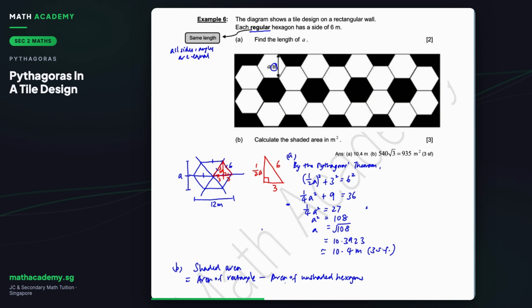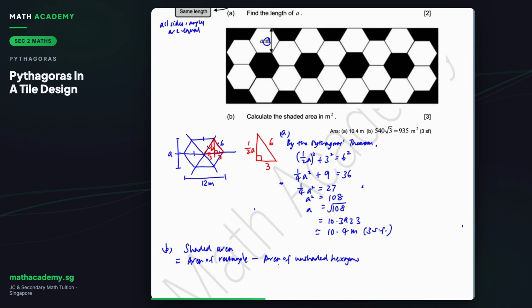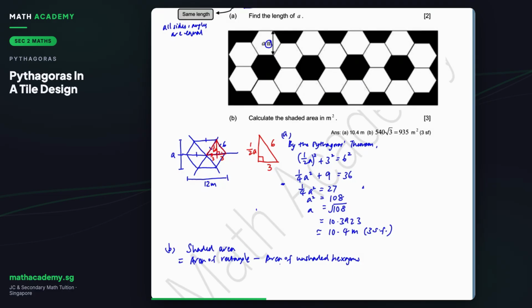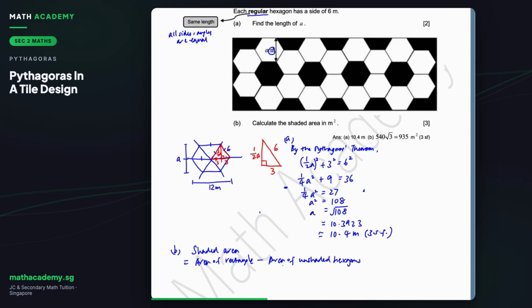So you will get the shaded area. So let's first find the area of the rectangle.